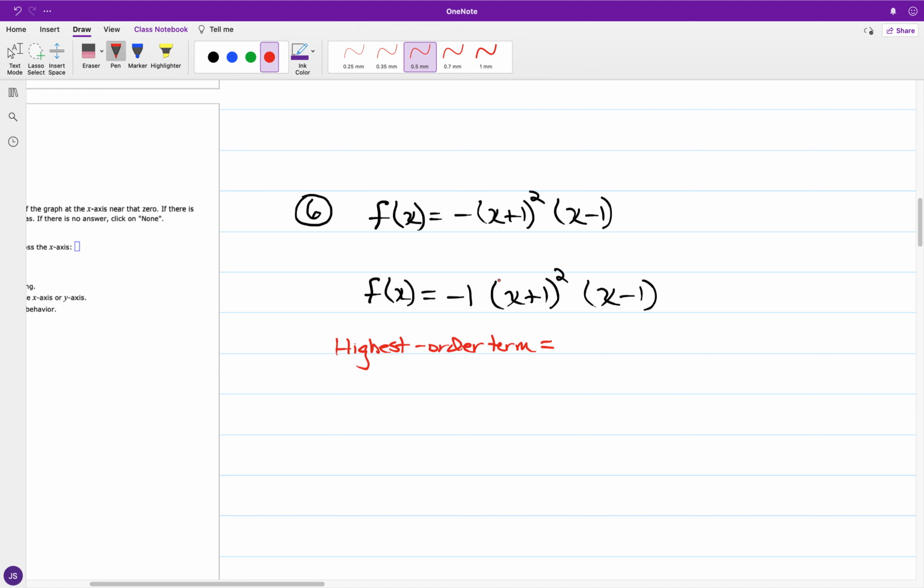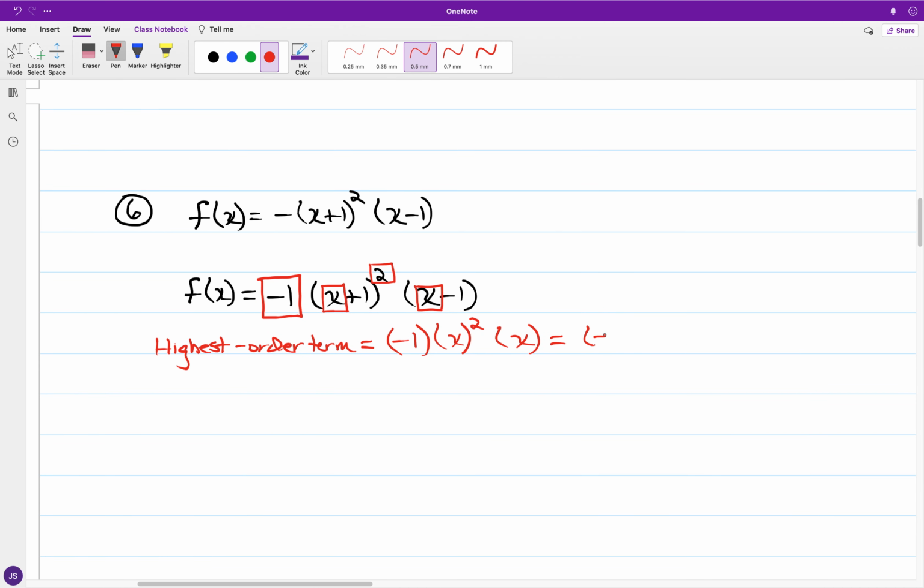So just looking at what we have here, the first factor is a constant, negative 1. Then between x and 1 in x plus 1, you take the higher order term, which is x, so you have negative 1 times x raised to the second power. And for the third factor, the higher order term between x and negative 1 is x.